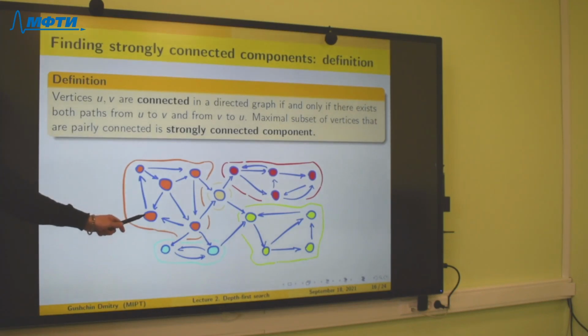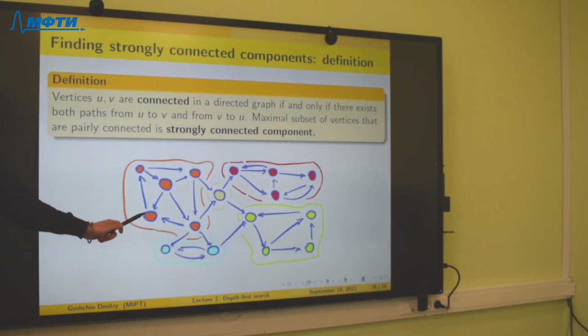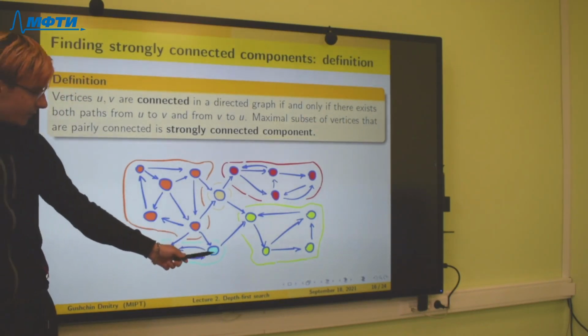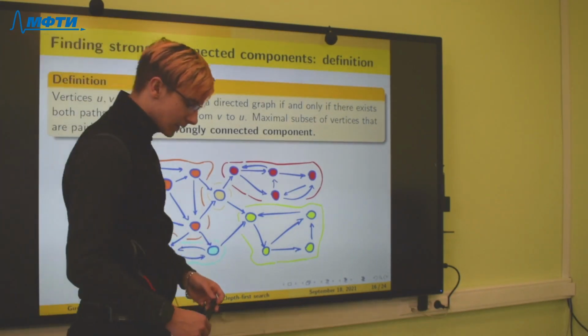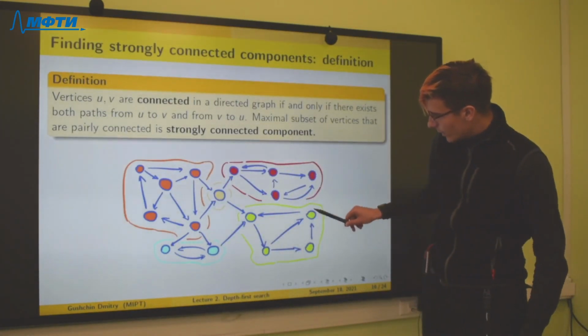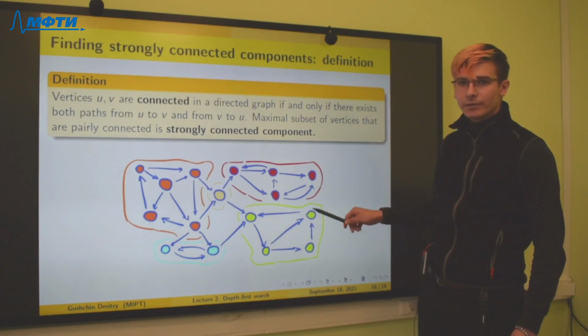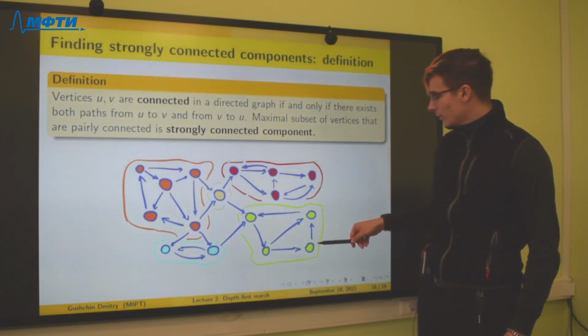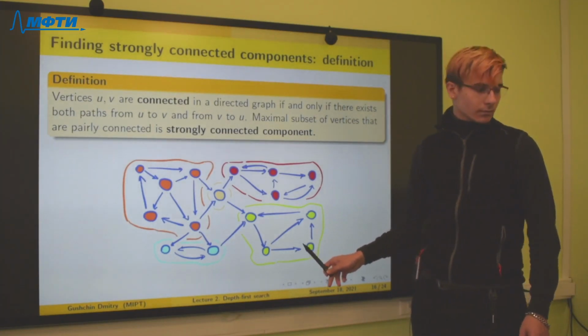For example, there is a path from A to B, and there is no path from B to A. But of course, there can also be no paths in both directions: no path from A to B and no path from B to A.